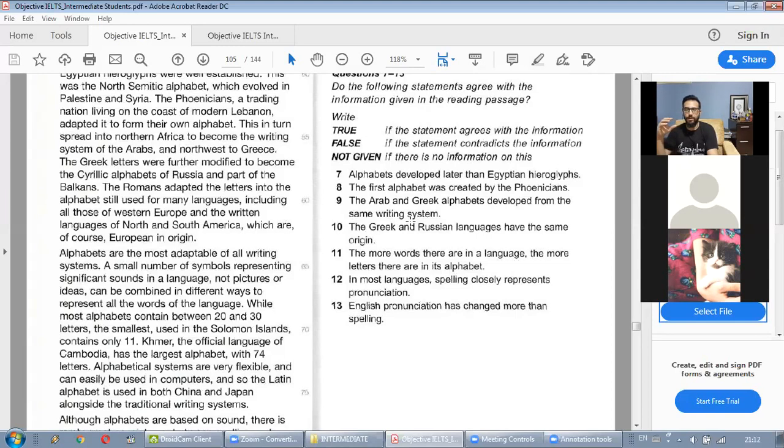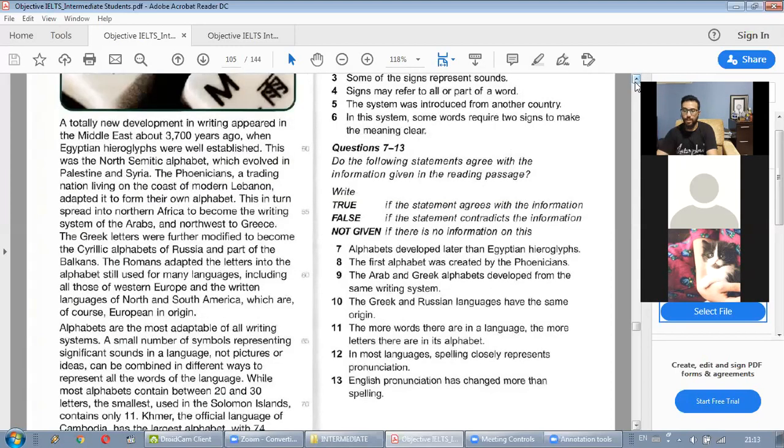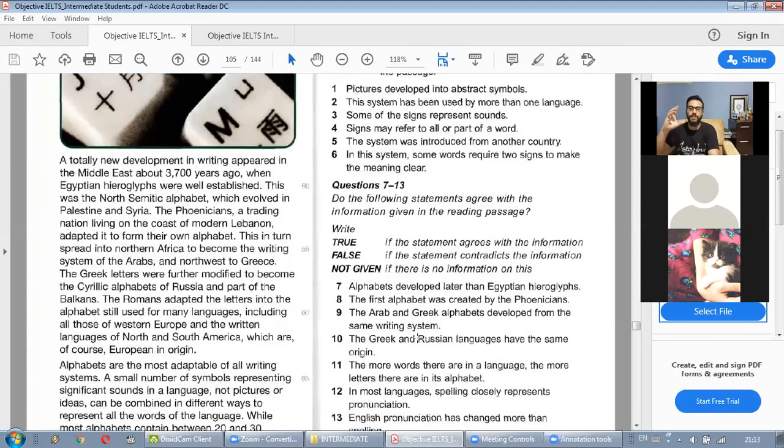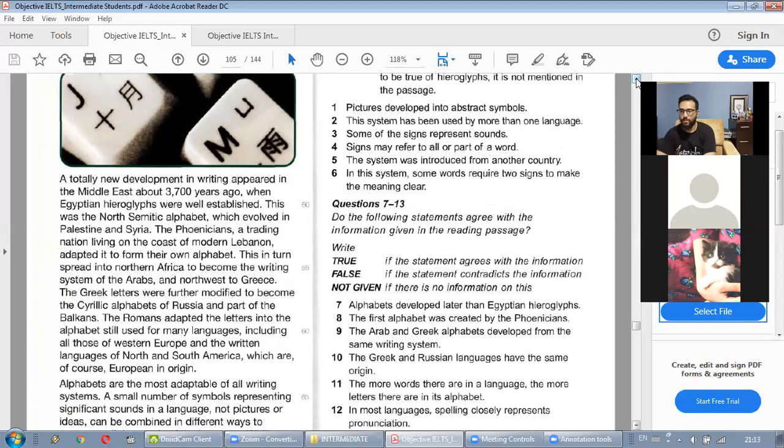So number 1 was from the beginning of the text, and so on. But here, because we already have other questions before the true, false, not given, the section isn't necessarily relevant to the beginning of the text. I'm not saying it is, but I'm giving you a tip that when you start reading the text and go to the questions, maybe you'll see that they're not from the same place.